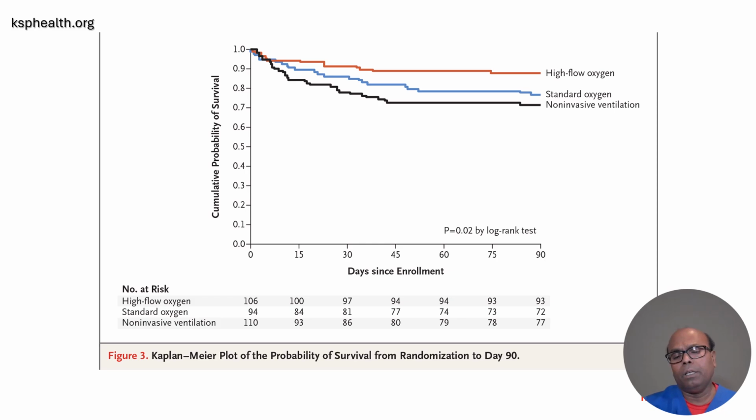Then the same study looked at the survival rate at day 90, which is 3 months after the illness. The high flow oxygen group has higher probability of survival when compared to standard oxygen and non-invasive ventilation. Overall, it improves survival and decreases the incidence of intubation in those patients.